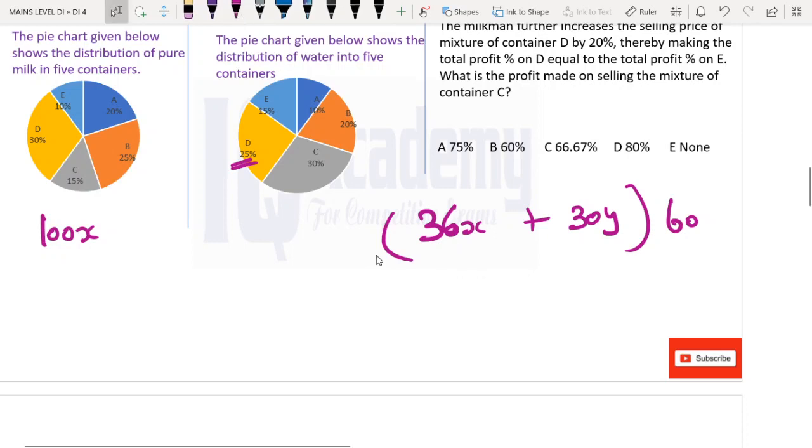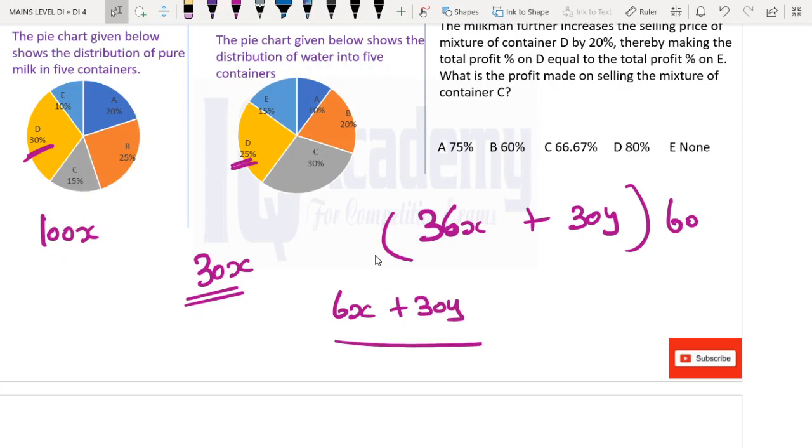The cost price for container D is 30x into 60. So the profit percentage is (6x plus 30y) by 30x. Here the 60 on both sides will be cancelled, so we need not write that. So (6x plus 30y) by 30x into 100 is the profit percentage, which will be equal to the profit percentage of E.